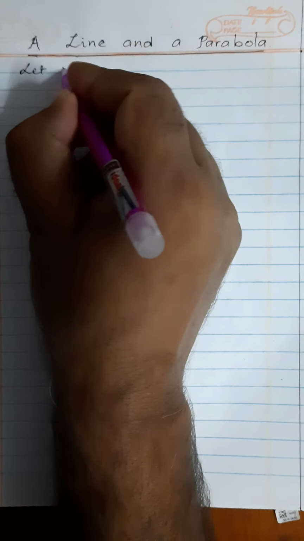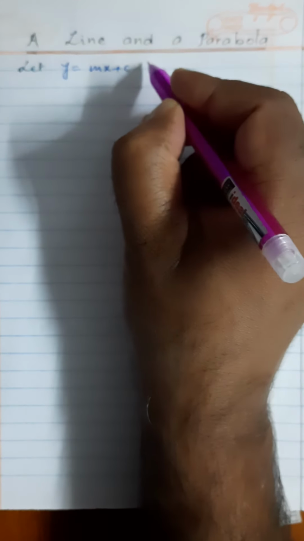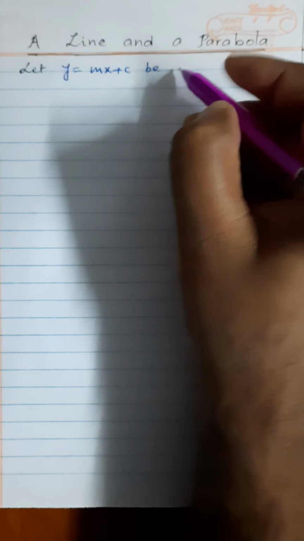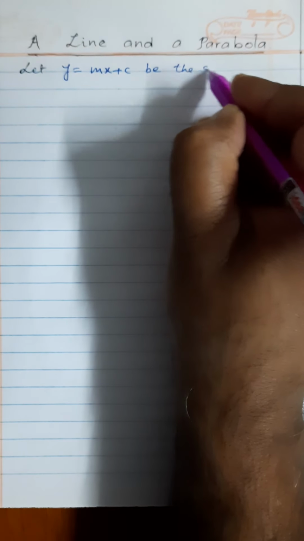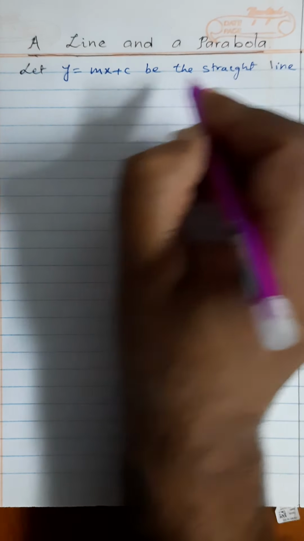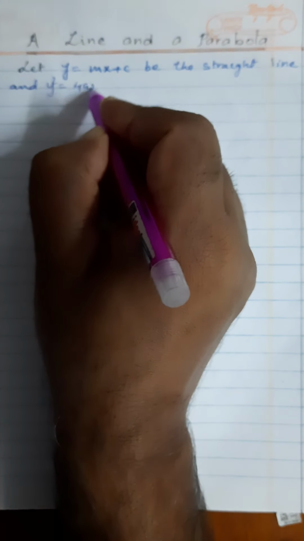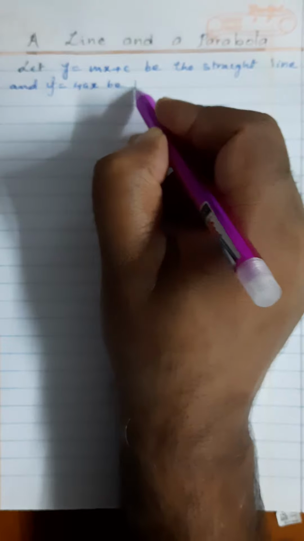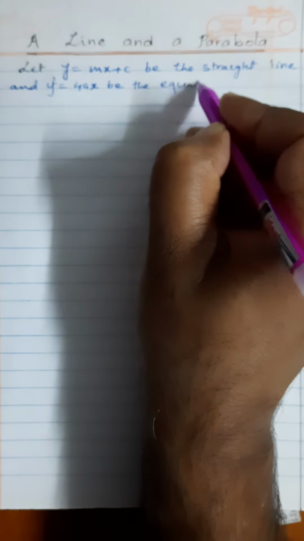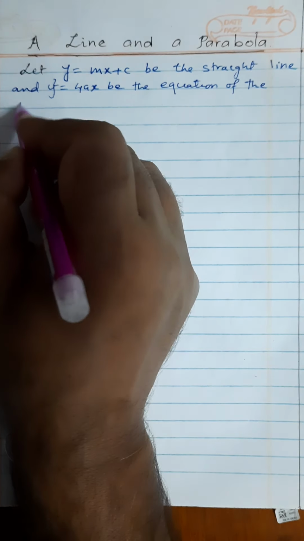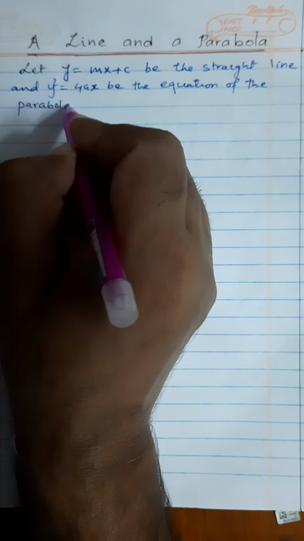Let y equals mx plus c be the straight line and y square equals 4ax be the equation of the parabola.